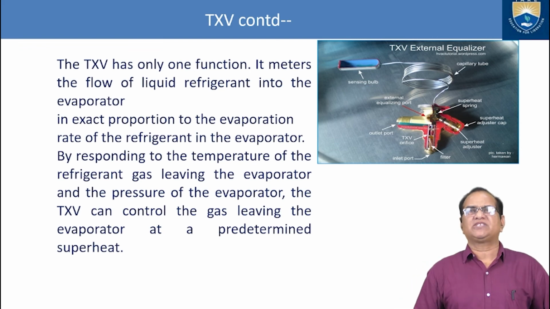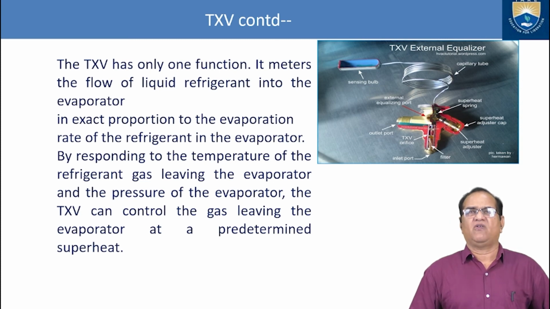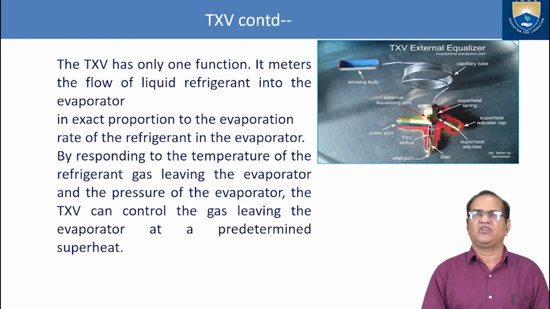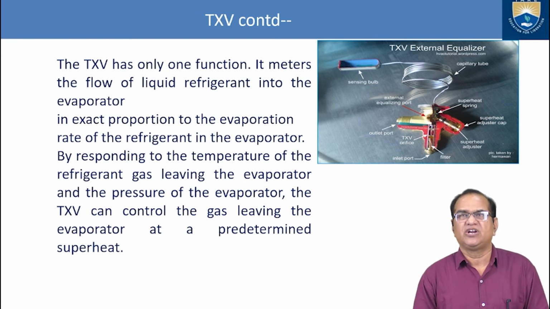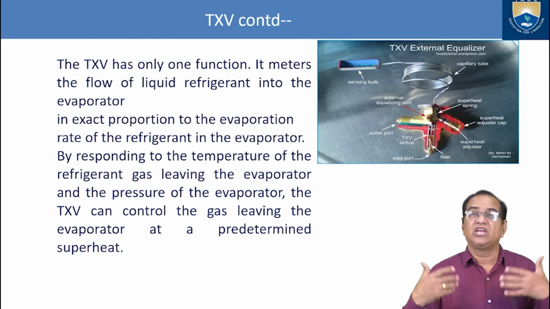The thermal expansion valve has only one function. It meters the flow of liquid refrigerant into the evaporator in exact proportion to the evaporation rate of the refrigerant in the evaporator. So it will meter how much quantity is required and how much the evaporator can evaporate.